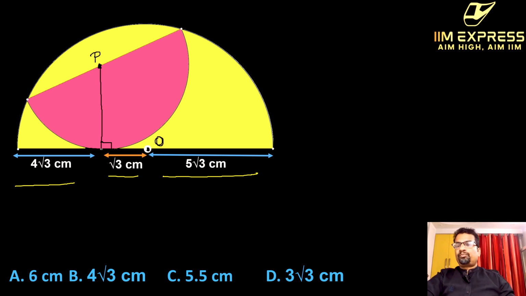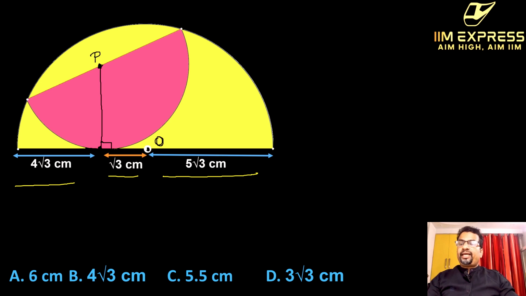P is the center of pink semicircle and this point is the point of contact of the pink semicircle with the diameter which is tangent of pink semicircle. So if I join the point of contact of tangent to the center, it is always perpendicular to the tangent, means I can say this length is perpendicular.